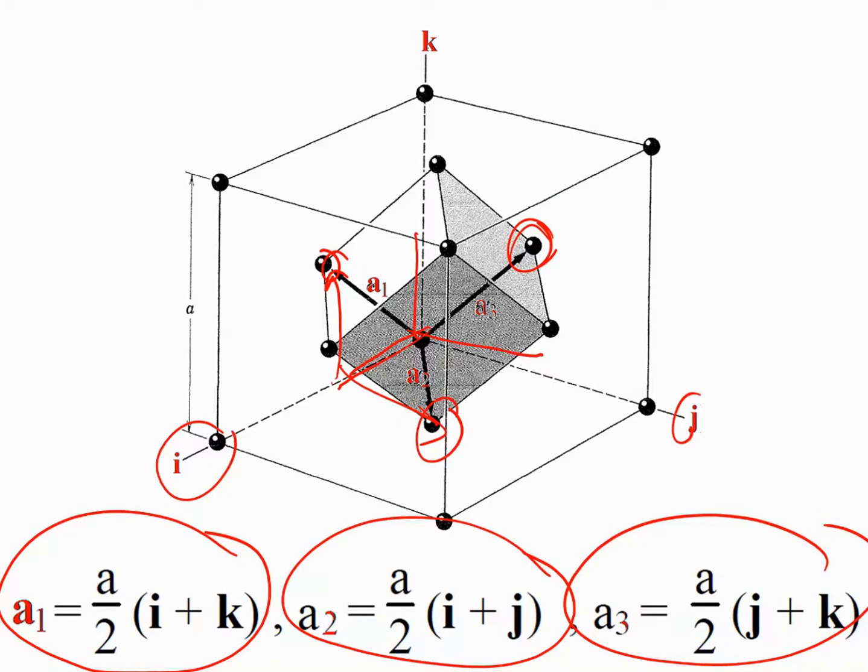If you already forgot how to get these vectors for the primitive cell, then you can refer back to the first or second chapter. Okay, I have explained it during that time.